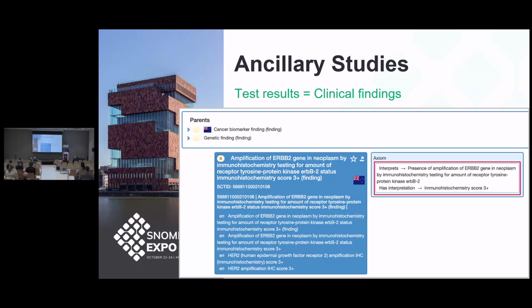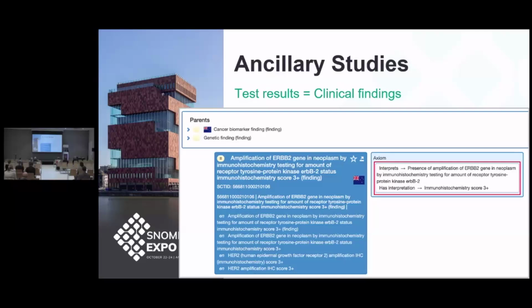But Nicola, I heard you wanted to say something. Yeah, just to add to that, for one of our implementations, it is an anti-cancer medicine eligibility, anti-cancer medicine prescribing system. In that system, the fields that are being filled out would be more general than the exact observable that is used as the interpret's value for the findings.